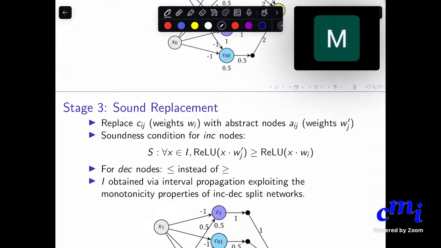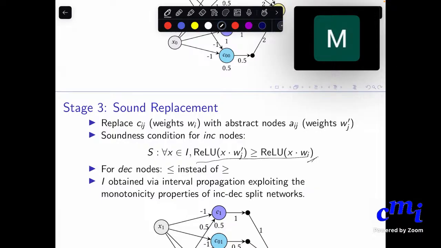So now we will do the sound replacement by abstract nodes. We will replace Cij, the copies that we made, with weights Wi, by the abstract nodes Aij with weights Wj dash. It should maintain this property: ReLU of Wj dash times x should be greater than this.